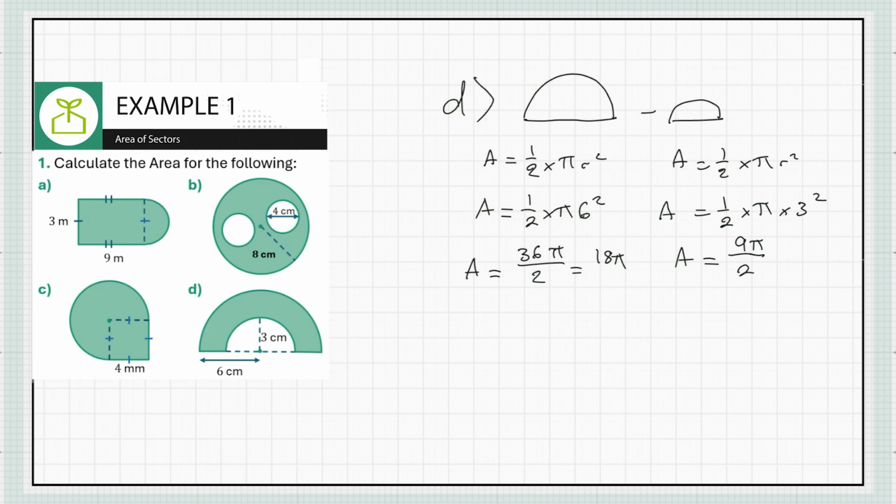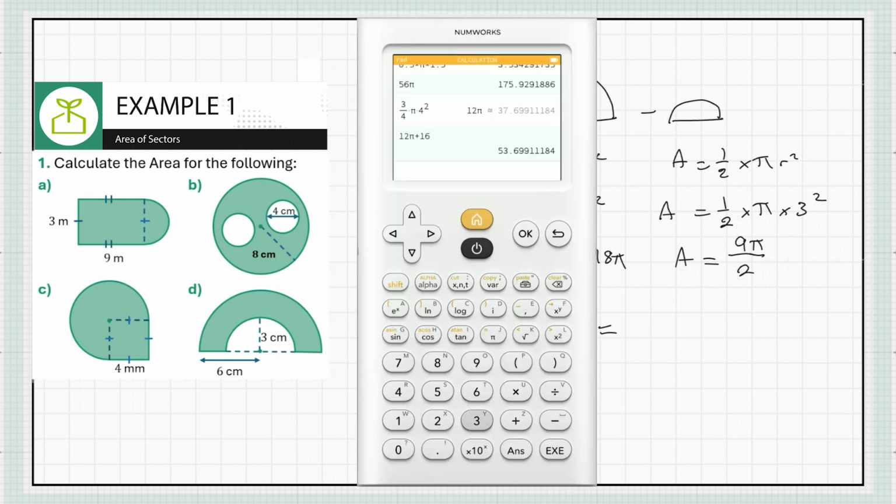So we can do a simplification treating this as an algebraic fraction or an algebraic term, but it might be easier just to put it into the calculator. So our total area is going to be equal to 18 pi minus 9 over 2 pi. So we'll do the 9 over 2 pi first, I think.